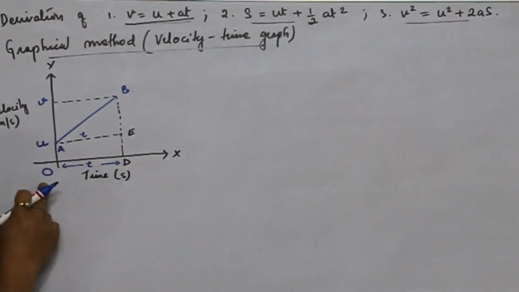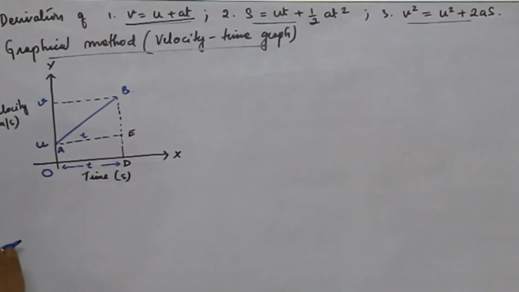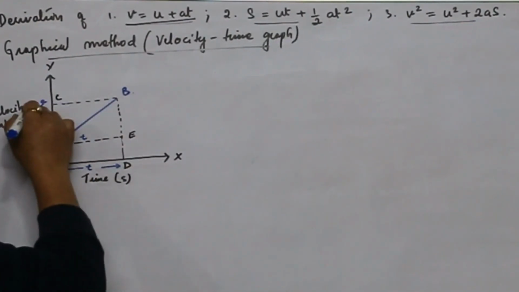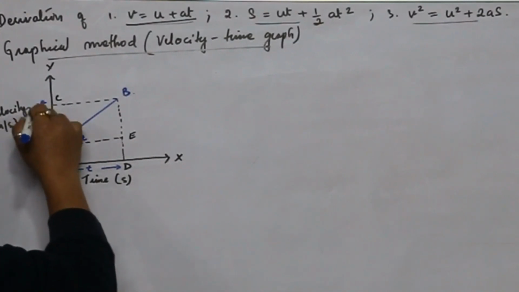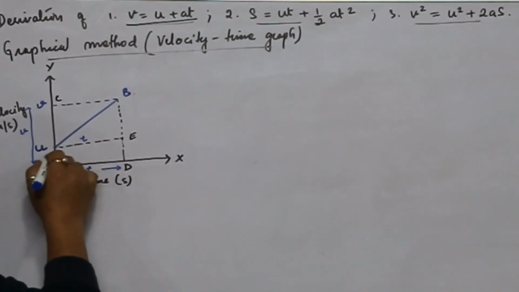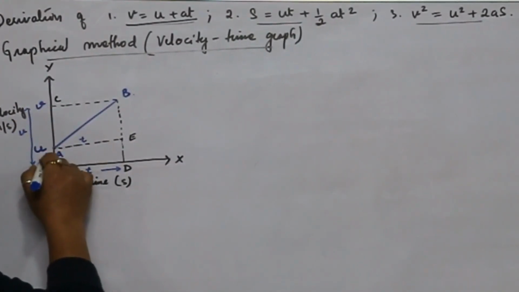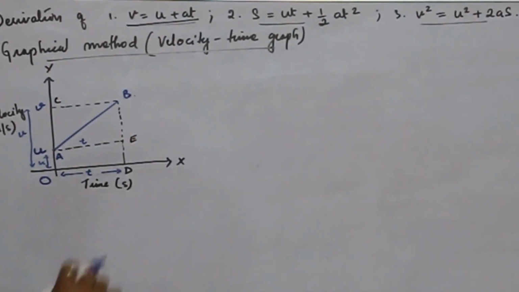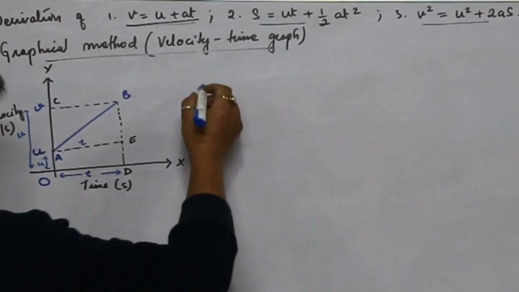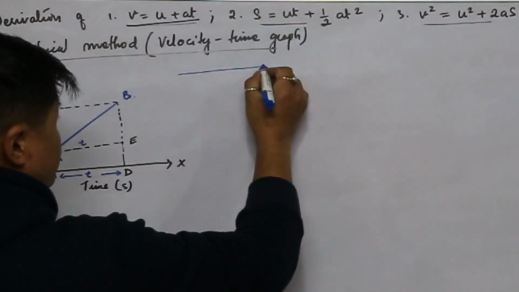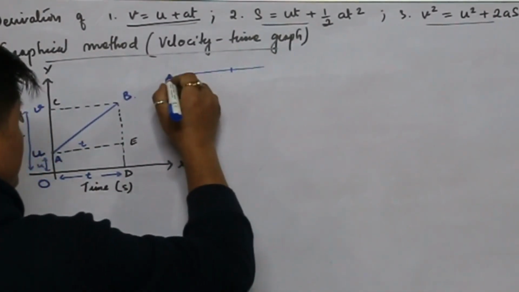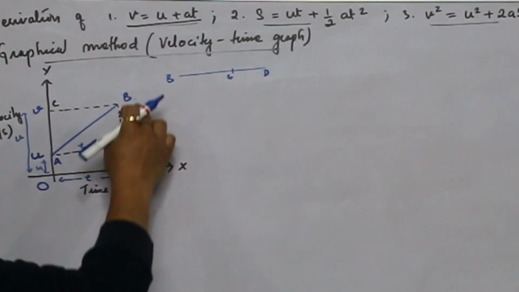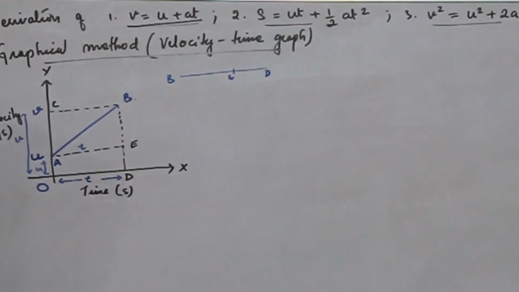From O to C, the velocity of the body will be v, and O to A, this will be u. If you have to find BE, suppose you see a line here, this is BED.